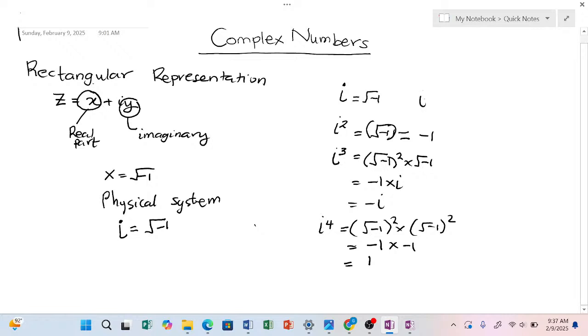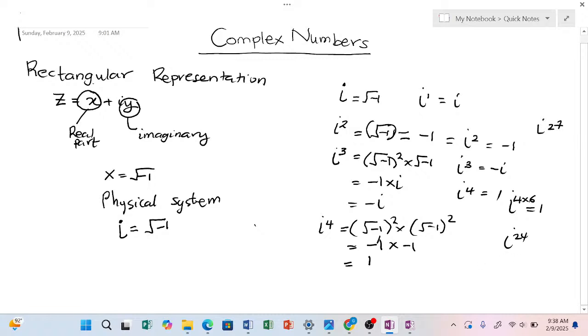If I have i to the power 1, it is i. If I have i squared, it is negative 1. If I have i to the power 3, it is negative i. And if I have i to the power 4, it is equal to what? 1. Now, the reason why we have to know this is that in exams, you could see some lecturers giving i to the power 27, and you need to choose an answer. So for i to the power 27, we could see that i to the power 4 is what? 1, right? So we can multiply this by 6, which is i to the power 24, right?